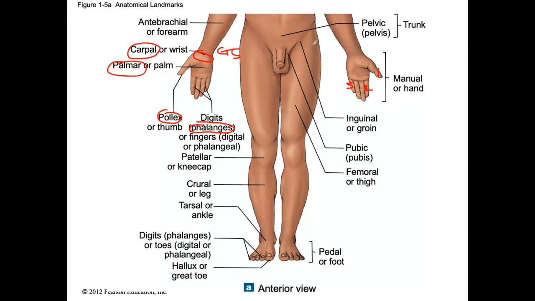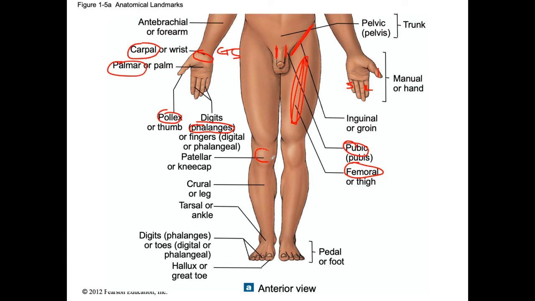In the groin region, here to here, this is called the inguinal region. More medial to that, where we have the two pubic bones, that's the pubic region. The thigh itself, this bone here is called the femur, the longest bone in the body, so it's the femoral region.